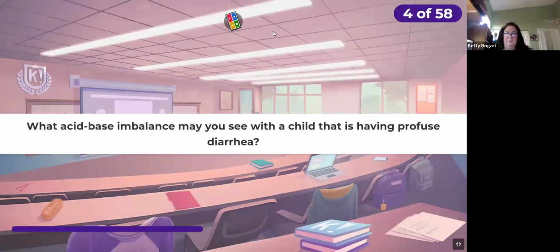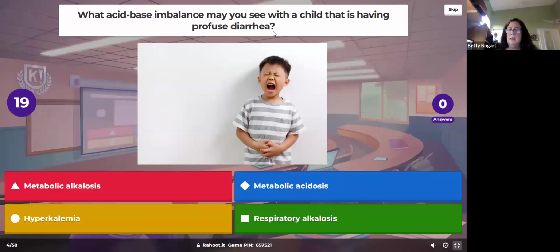What acid base imbalance may you see with a child that's having profuse diarrhea? On the last several HESIs, there's 3 and 4 acid base questions, so I'm going to hit you with all of them. When you're losing diarrhea, you're losing alkaline. All of those digestive enzymes are alkaline. So what is left?